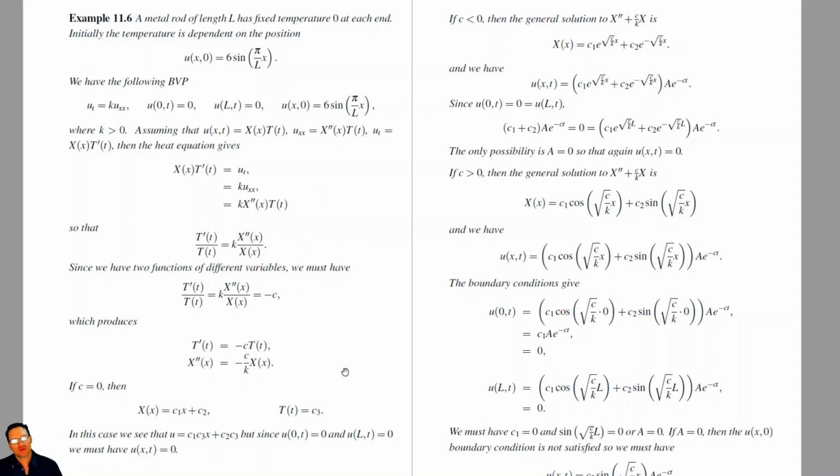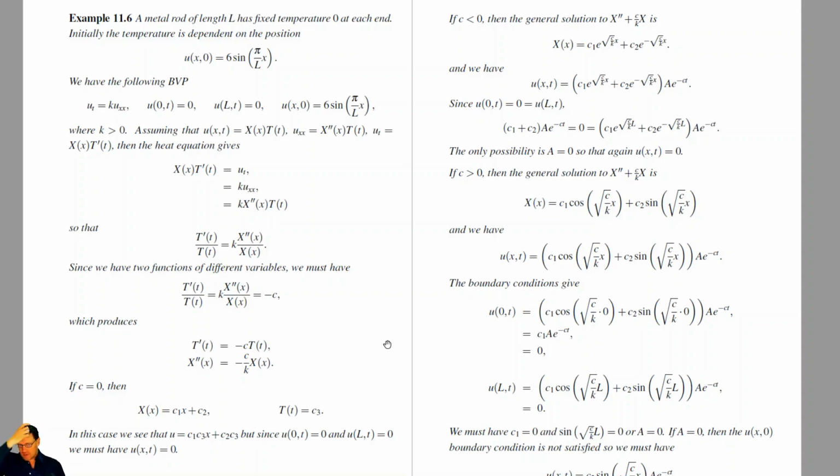So rearranging these, taking the T over to the right-hand side, we've got two simple equations without the other letter in them. If c is 0, then X(x) is c1 x plus c2, and T(t) is c3.